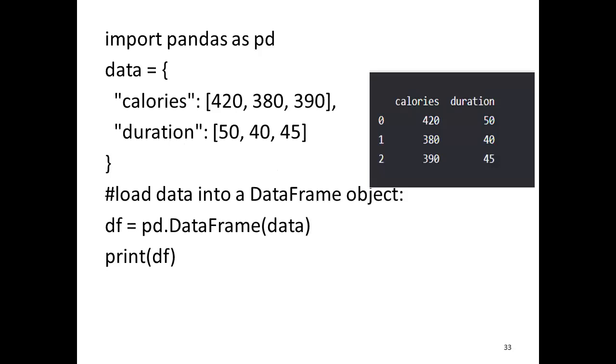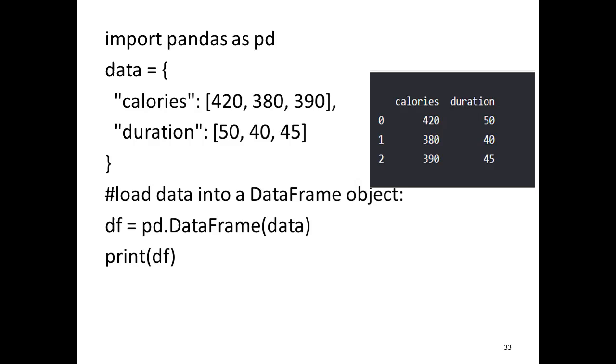Now I'm going to create the data set. So data equal to, and here you have to specify the rows and columns, since pandas contains rows and columns. The first column title is calories, and the data are 420, 380 and 390.